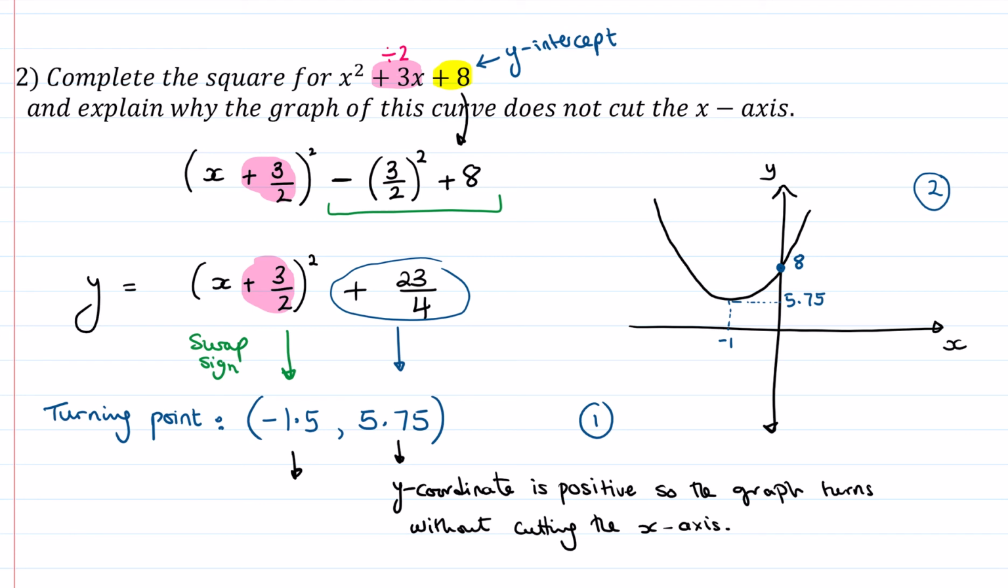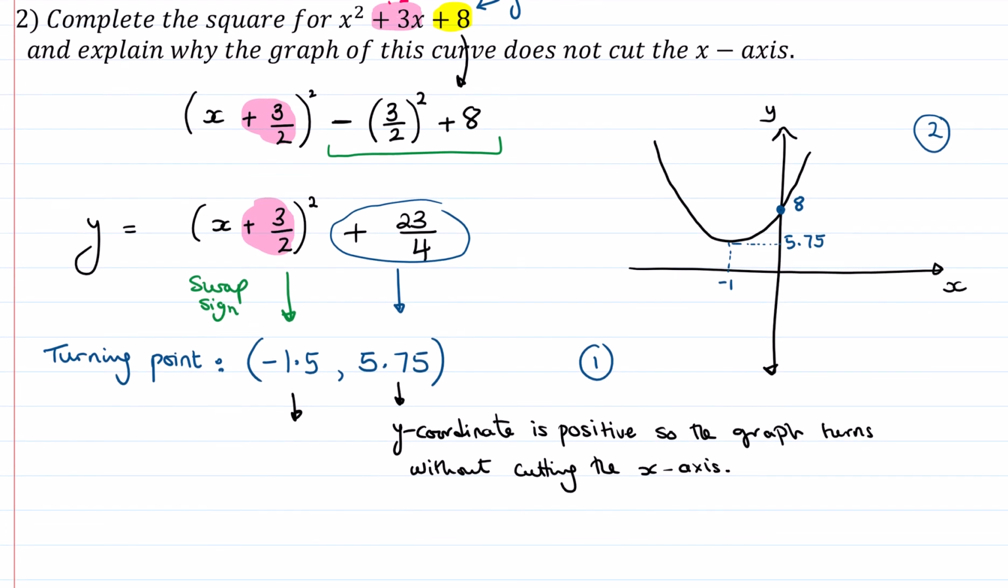So, or you can say that the whole turning point is above the x-axis. Turning point, so that's one way of saying it. That's one way of showing it. You can say turning point is above the x-axis, doesn't cut. And that is completing the square.